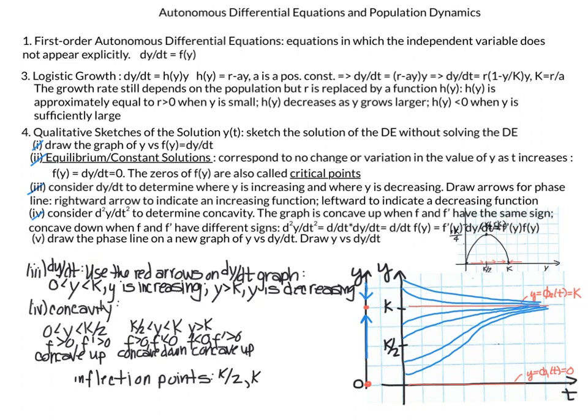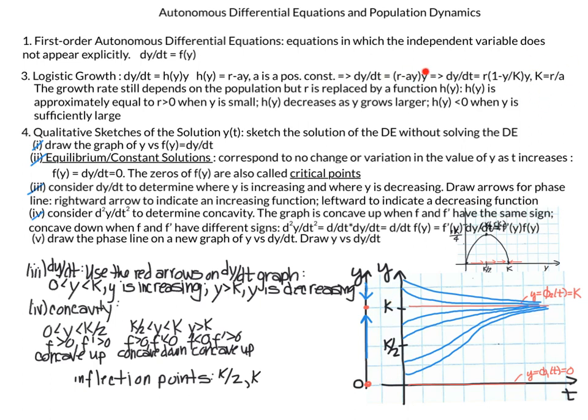The two things we're going to use now to do the graph are first the derivative, where the function's increasing, and we're going to use this phase diagram here. So between 0 and k, our functions are going to increase, and they're going to approach this value k. Remember I had mentioned that k was special.